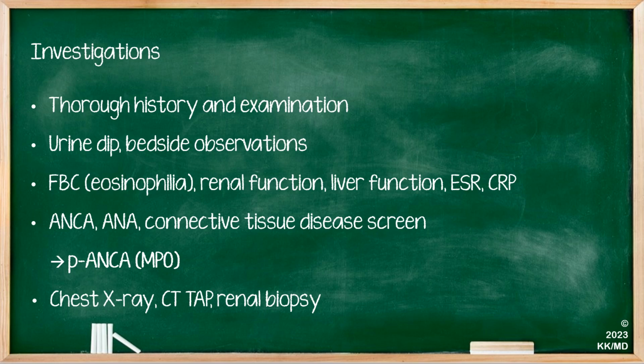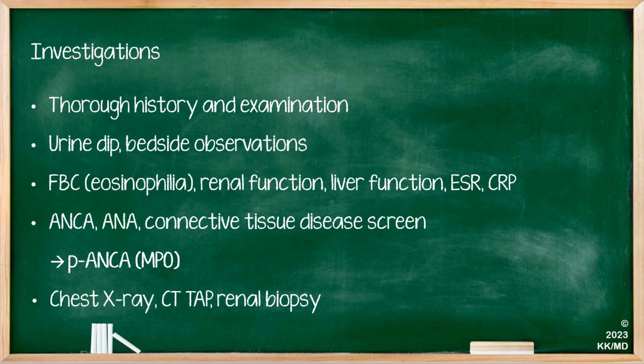Investigations are pretty much as that for granulomatosis with polyangiitis, the disease described in the previous video. And so it's really key with these patients to take a thorough history and examination. There's a wide differential diagnosis which includes severe infection and sepsis, because of the way that these patients can present, which is often in extremis.